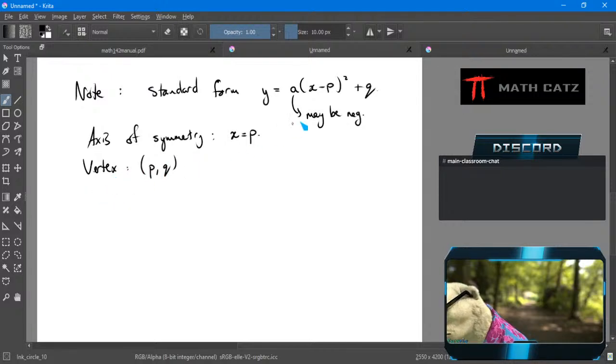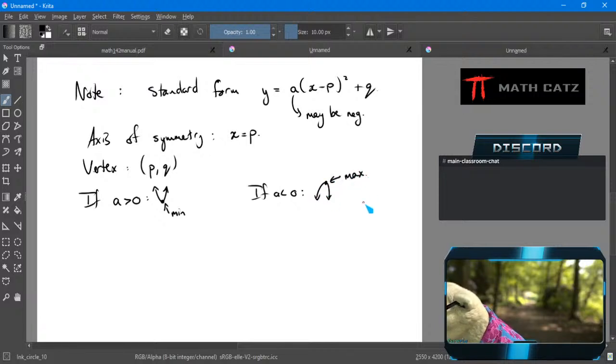And then depending on a being positive or negative: if a is positive, then my parabola didn't flip vertically and my vertex is giving me a minimum point. If a is negative, then at some point in my sequence of transformations, the graph flipped vertically. I have a parabola pointing down, and I'm going to have a maximum point at my vertex.